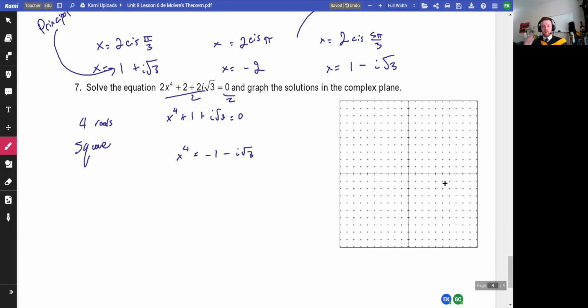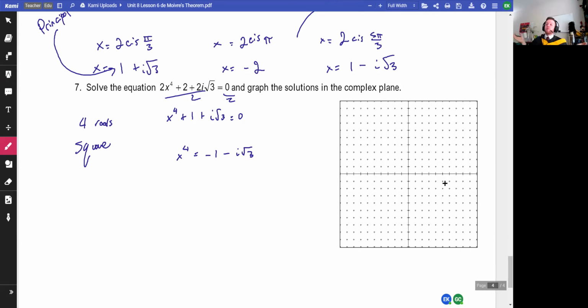Here, we are finding the 4 roots of unity for the number -1 minus i root 3. And it will make a square in the complex plane. They'll all be 90 degrees apart, pi over 2 radians apart. And their magnitudes are going to be whatever the magnitude of -1 minus root 3 i is.